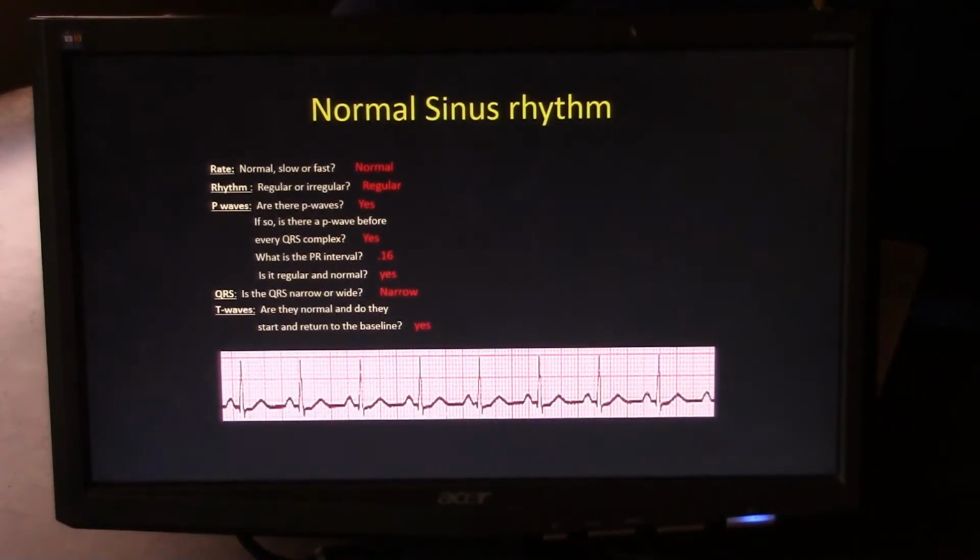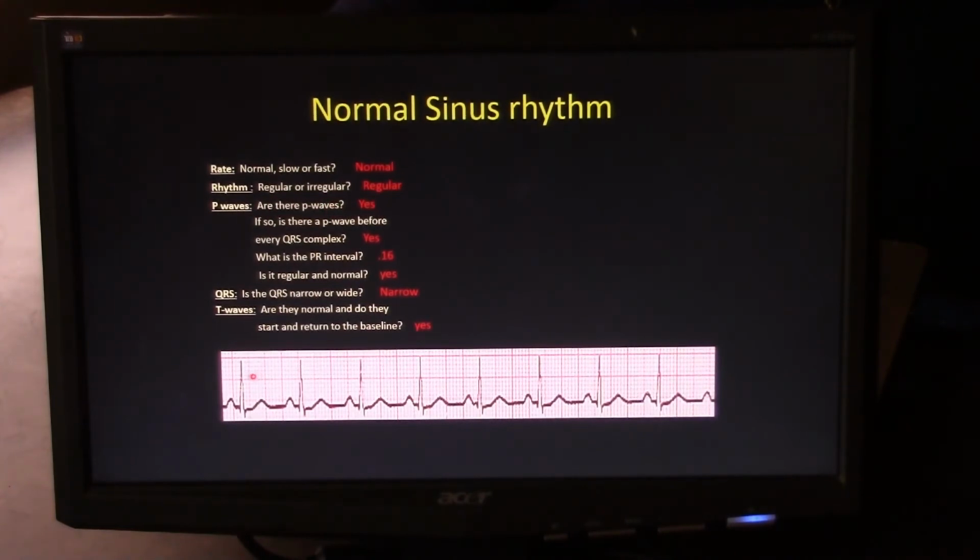Now, I want to talk to you about the different intervals and then what normal sinus rhythm looks like. We talked about, is the rate normal, slow, or fast? 1, 2, 3, 4, 5, 6, 7, 8 complexes in this 6-second strip means that the heart rate is normal. Is it regular or irregular?